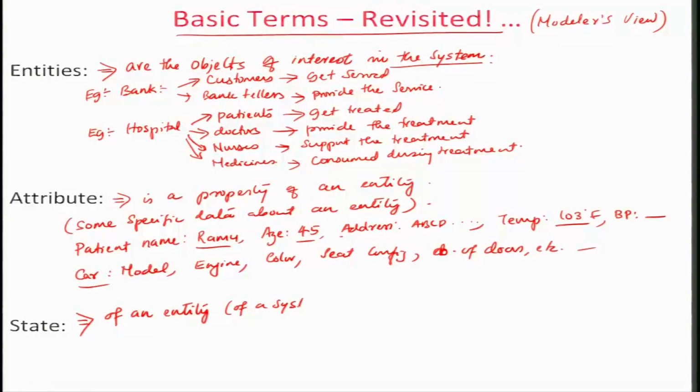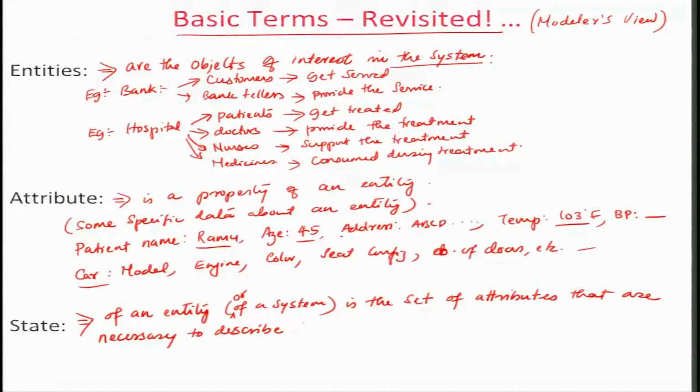It is the set of attributes that are necessary to describe the entity or the system at any given time.